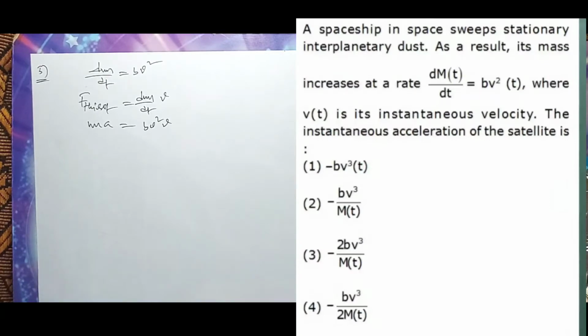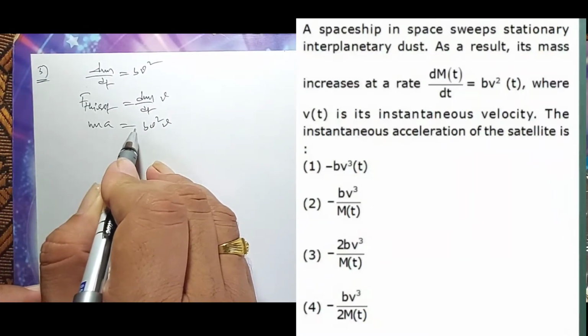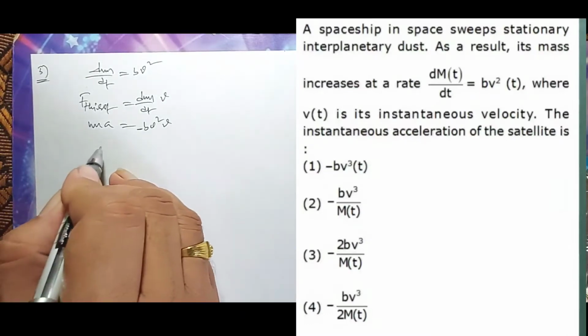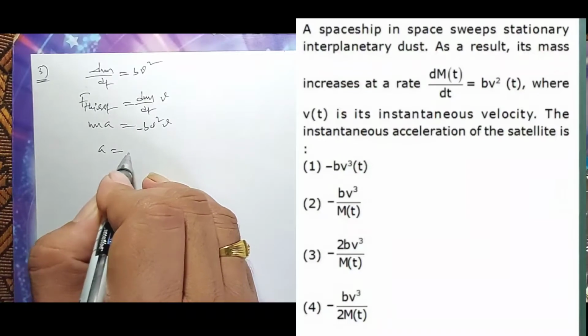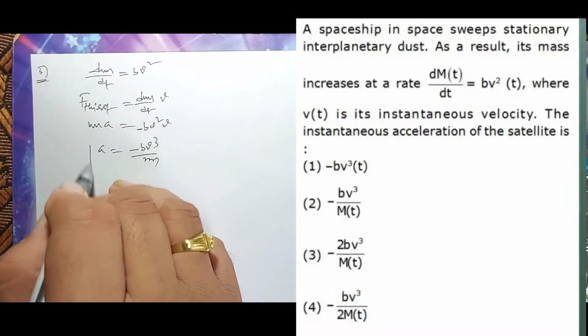When the satellite catches the dust, its mass increases. So it moves with deceleration, retardation. So we put here a minus sign. So a is equal to minus bv cube divided by m.